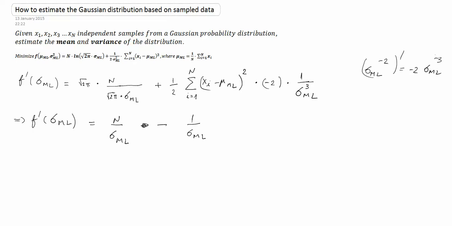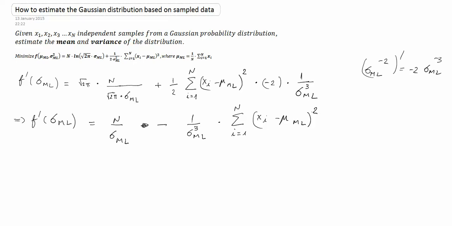So you subtract 1. So I get here 1 over sigma ml to the power of 3 multiplied by this nice sum over here, xi minus mu ml squared.